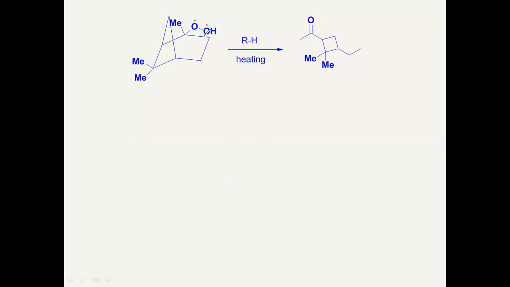In the second step, this bond breaks, and radicals are generated here and here also. This forms a double bond, and methyl is here.